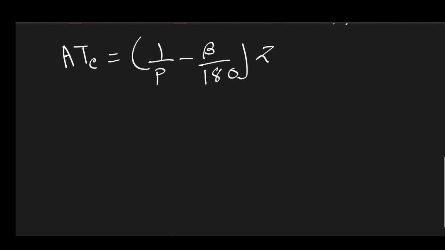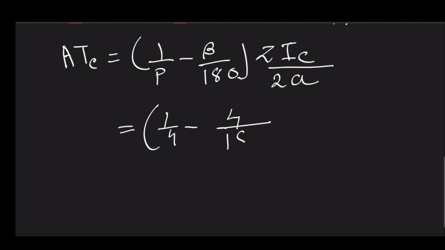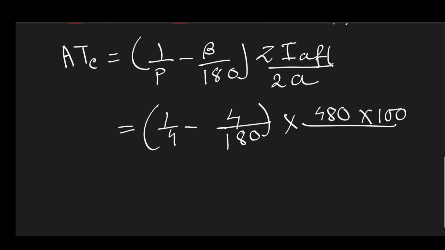Cross magnetizing ATC is equal to 1 upon P minus beta by 180 into Z into IA into 2 by A. 1 by 4 minus 4 by 180 into 480 into 30, oh no, here it is 230 into 2 into 4.